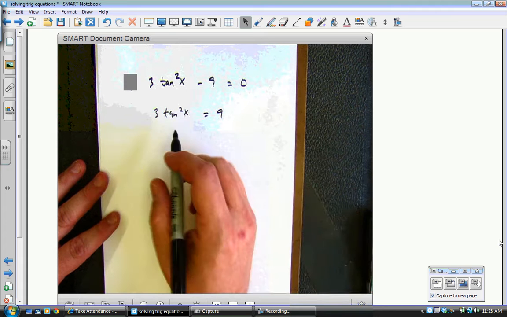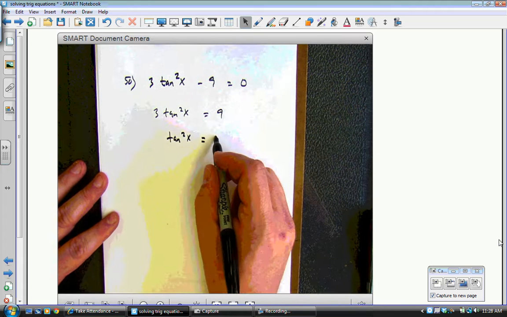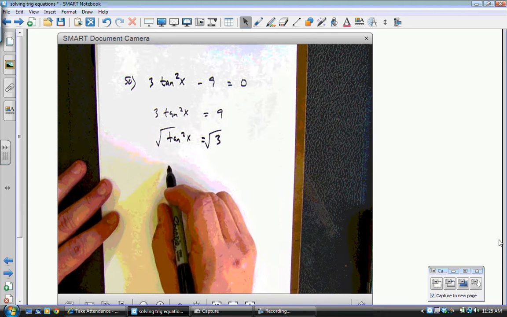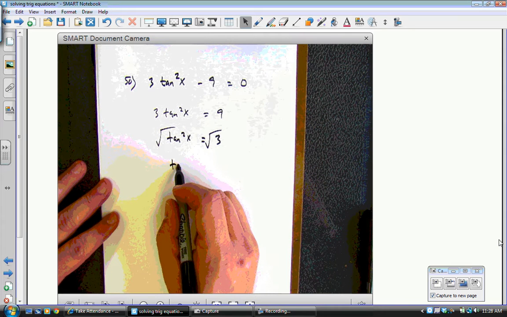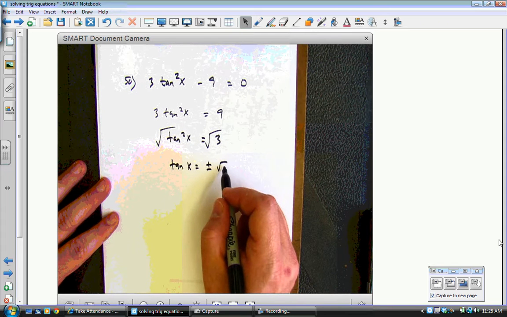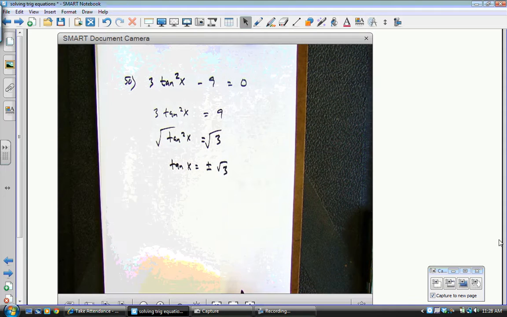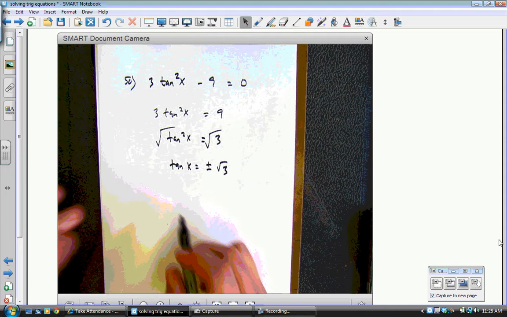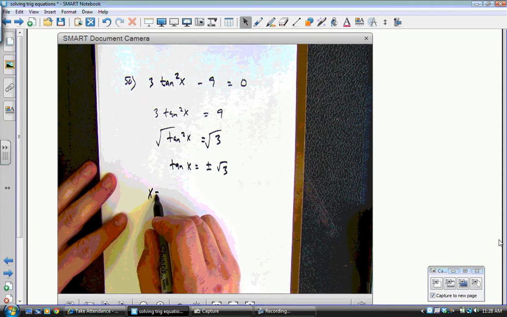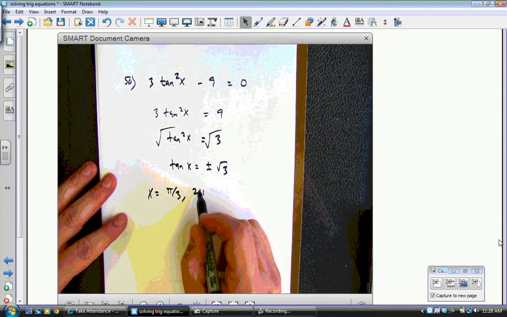And then divide by 3. So we get tangent squared x equals 3. Now we're going to take the square root of both sides. So we'll get tangent of x equals plus or minus square root of 3. And so where is tangent plus or minus square root of 3? Lots of spots. Yeah, it's all those pi over 3's again. Okay, pi over 3. Same thing as the last problem.